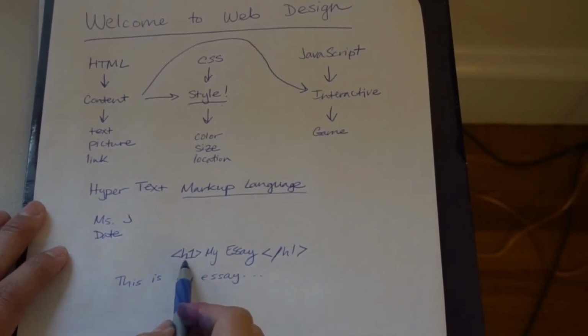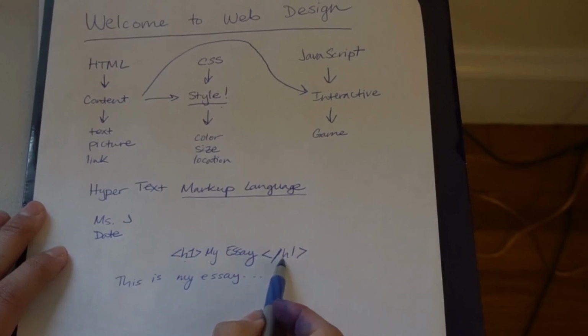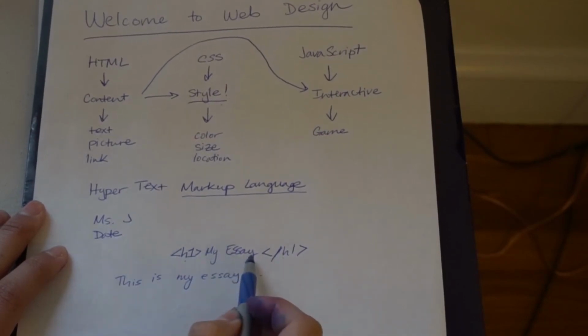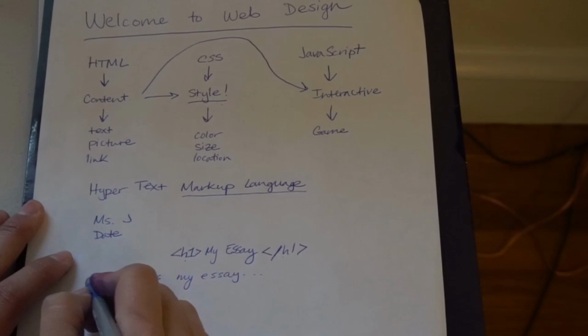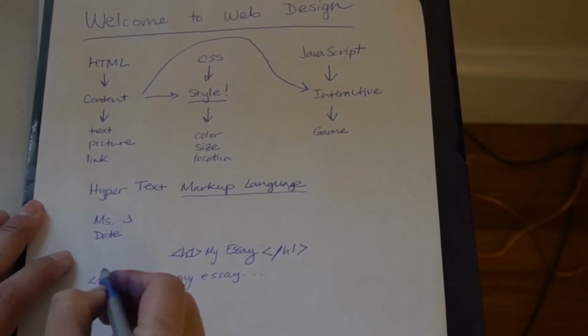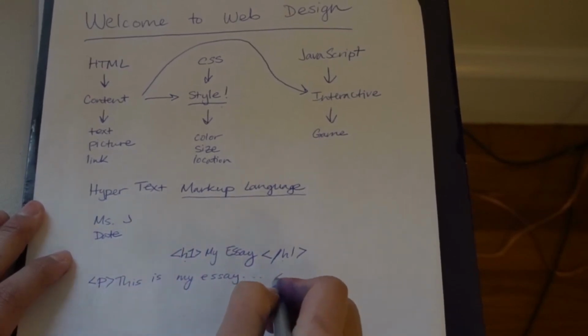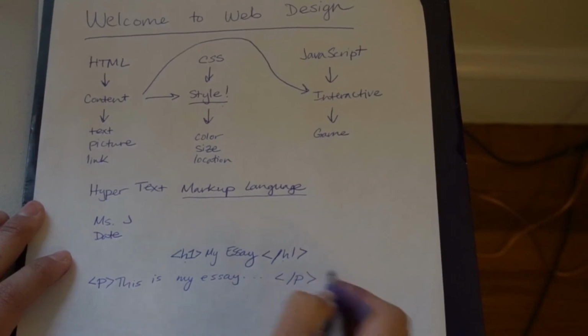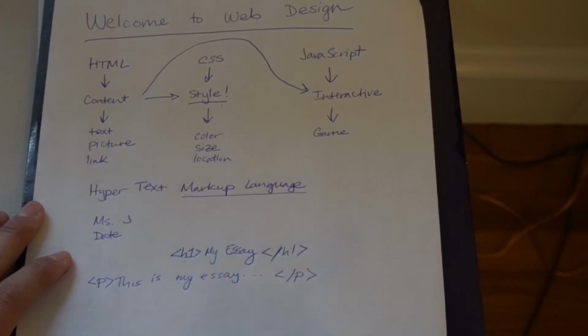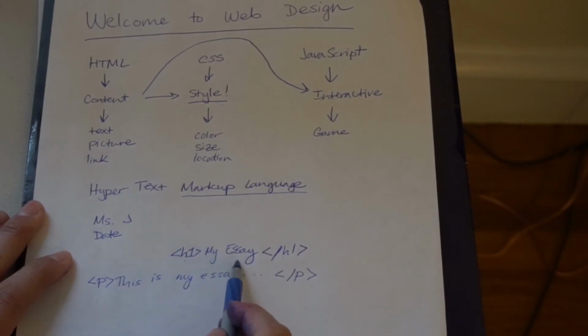So what this says is everything that is between H1 and the /H1 is a heading. Whereas this right here, this is a paragraph. So everything in between these two P or paragraph tags is going to be part of a paragraph. Normal text, not bold and big like a heading would be.